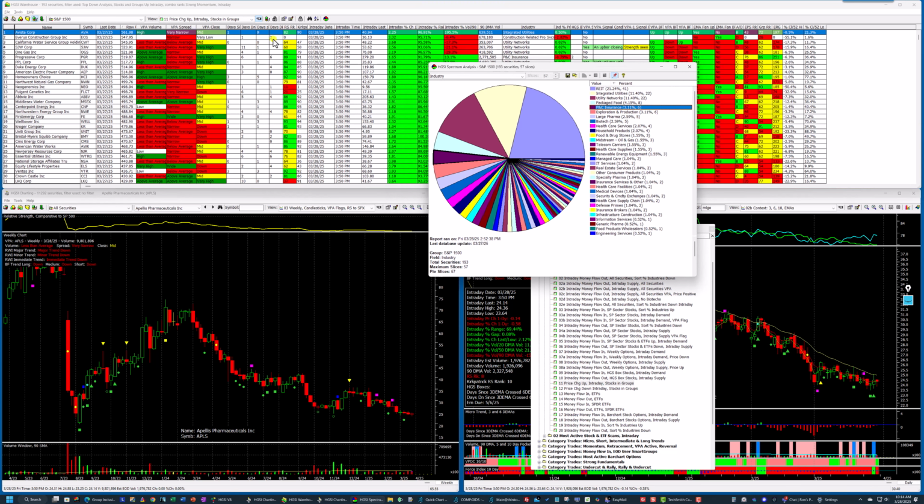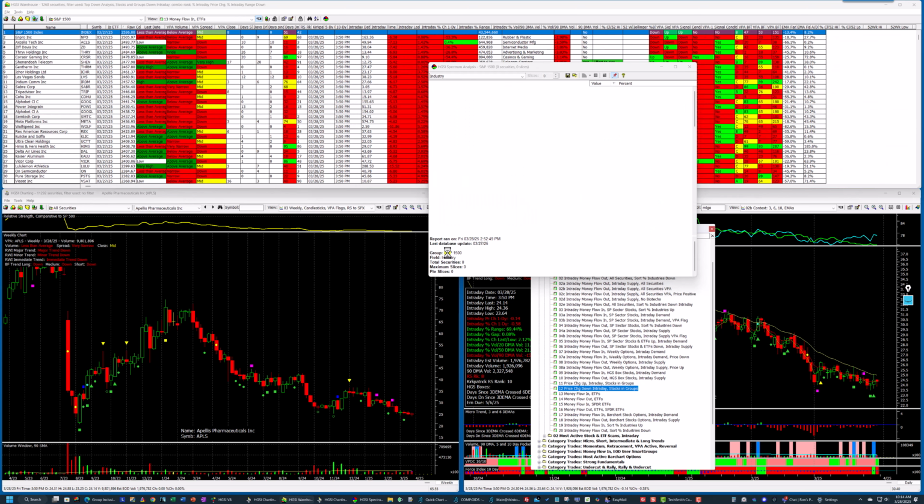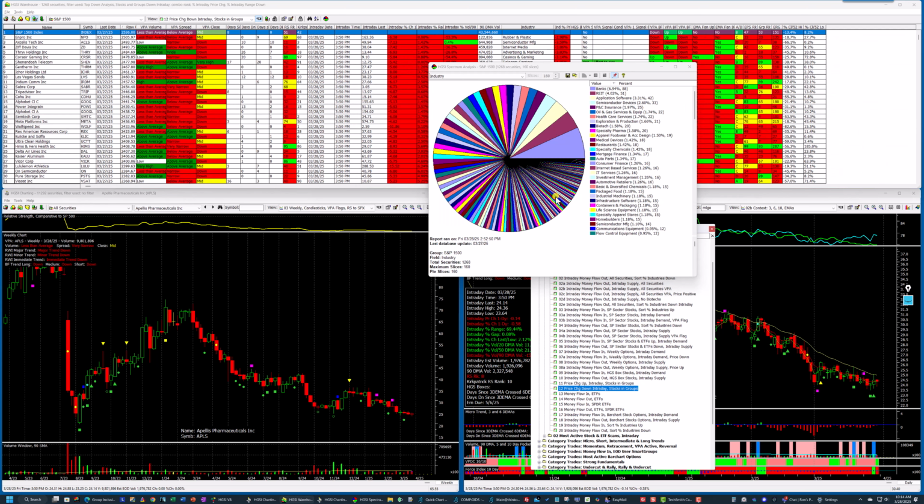Now, if I drop down here to stocks and groups that are down, you can see the slices are much thinner. We have a lot of REITs down there also, but banks are leading the way down, and then application software, semiconductors, PC insurance.